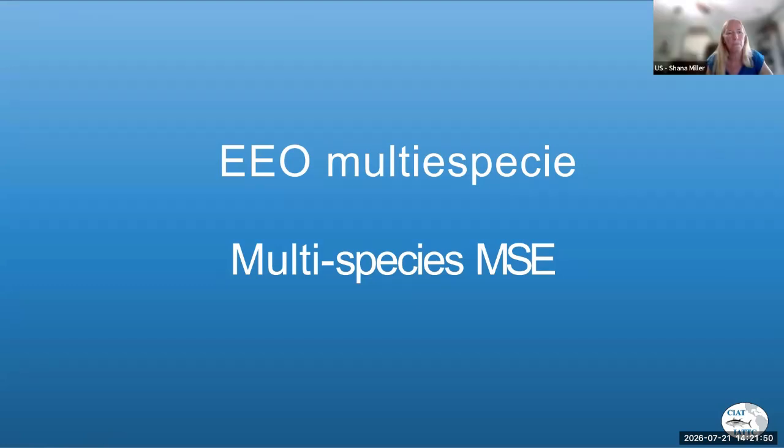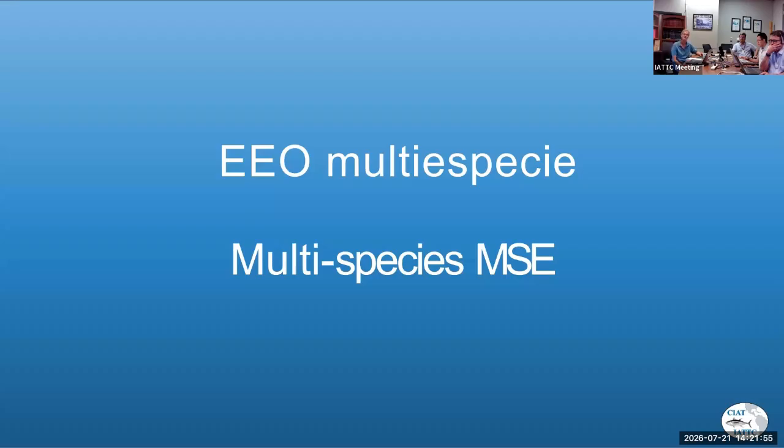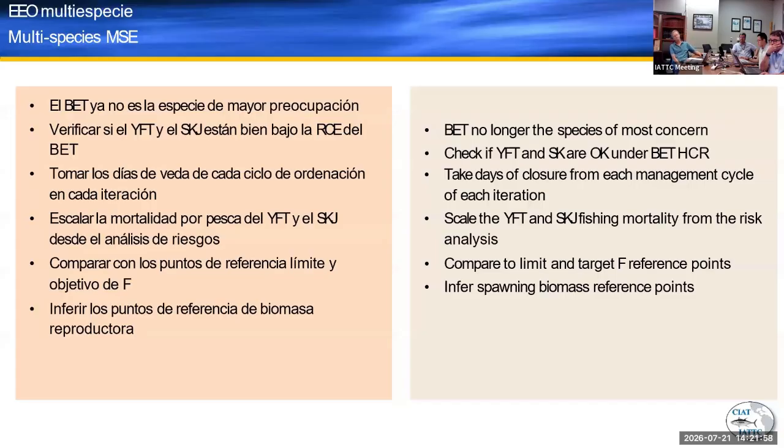harvest control rule. Okay, so I'm going to talk a little bit about the multi-species MSE. As I mentioned earlier, bigeye is no longer the species of most concern. And so what we did was we took the harvest control rule for bigeye tuna and, based on what days of closure would occur, we wanted to check to see if that would be okay in terms of the status of yellowfin and skipjack.